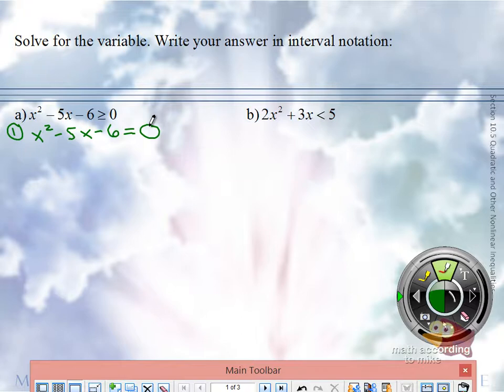How does x squared minus 5x minus 6 factor? Careful. This one's tricky. X minus 6, x plus 1. What does this say about x?